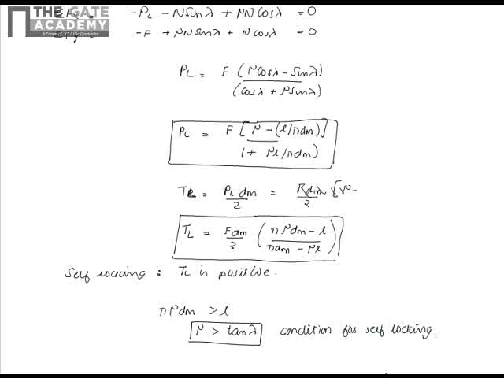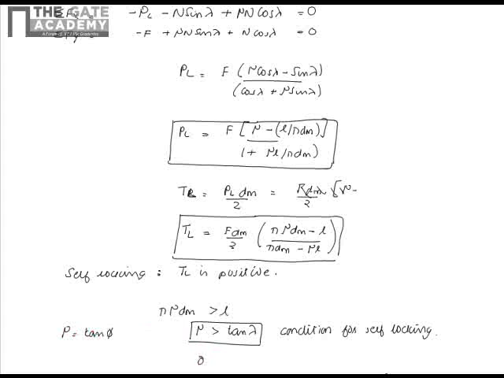Self-locking means the weight will not come down by itself. It needs an extra load or extra force for lowering of the load. So if the angle of friction is given as phi, then we have mu is equal to tan phi.